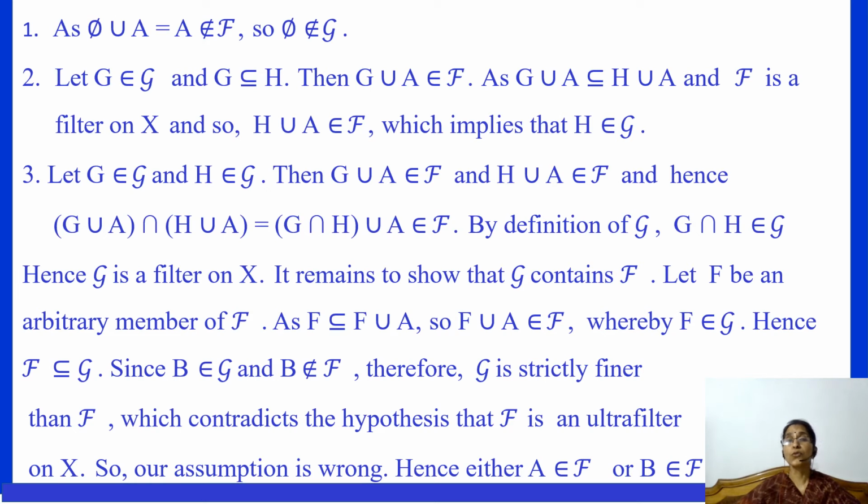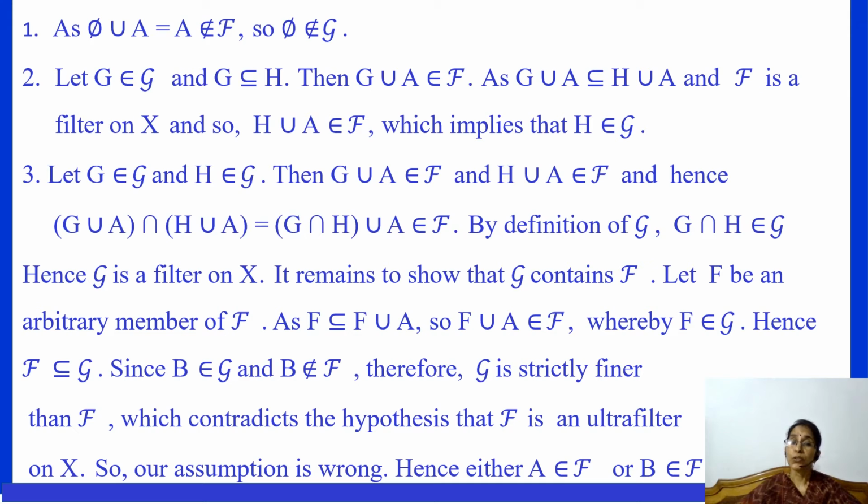Let G belong to G and H belong to G. Then by definition of G, G union A belongs to F and H union A belongs to F. And hence, their intersection is also in F because we know that F is closed under finite intersection.